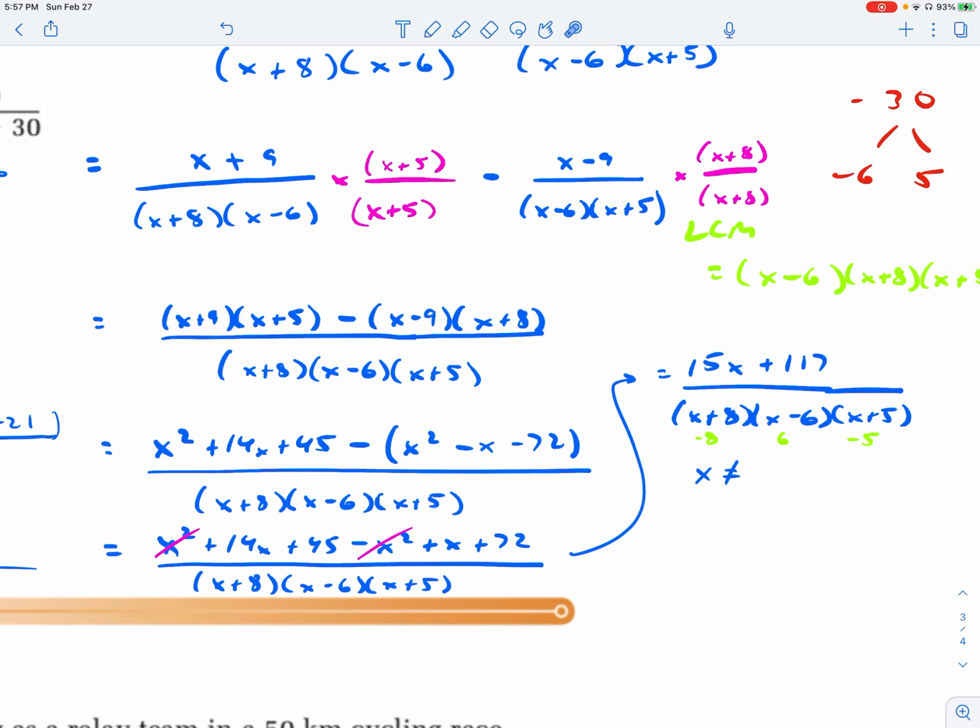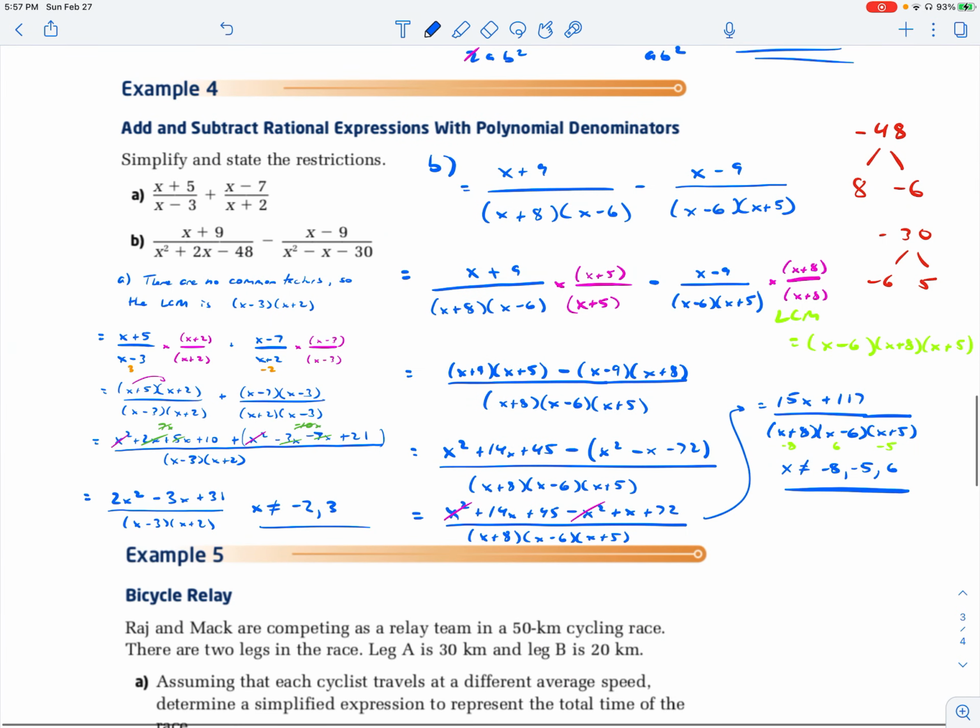The reason why I'm looking at just the last line is because I know nothing was canceled out. That's what you need to be careful for. So write them in nice ascending order: negative 8, negative 5, 6. So that's adding and subtracting rational expressions.